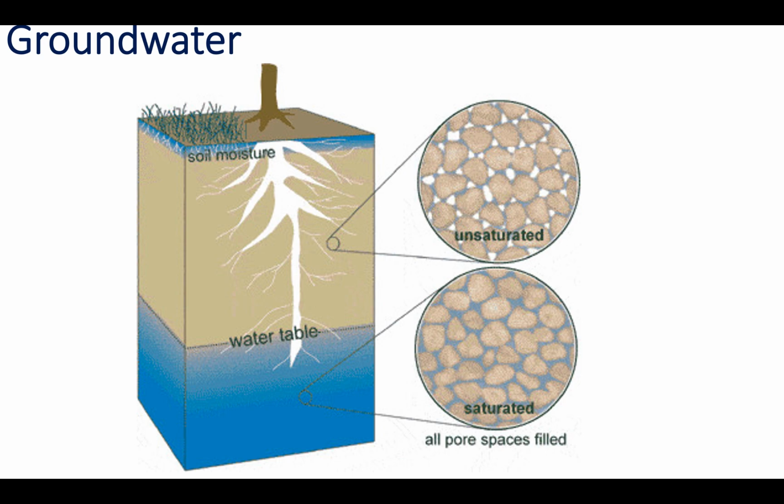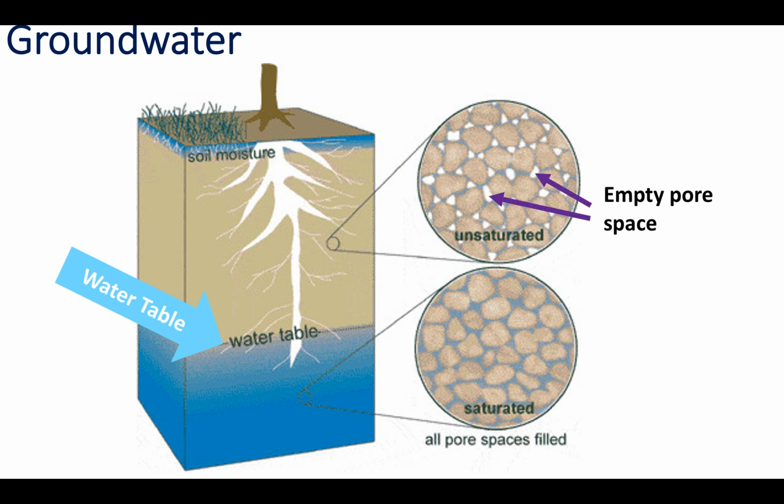I don't want you to confuse groundwater with the term water table. Water table is the level of water beneath the ground, and below the water table is all of the groundwater that exists. I want us to first take a look at the top of the image where it says unsaturated, and there you have empty pore space.